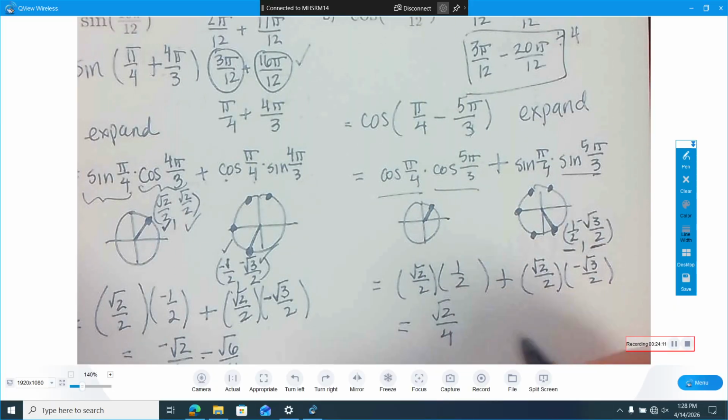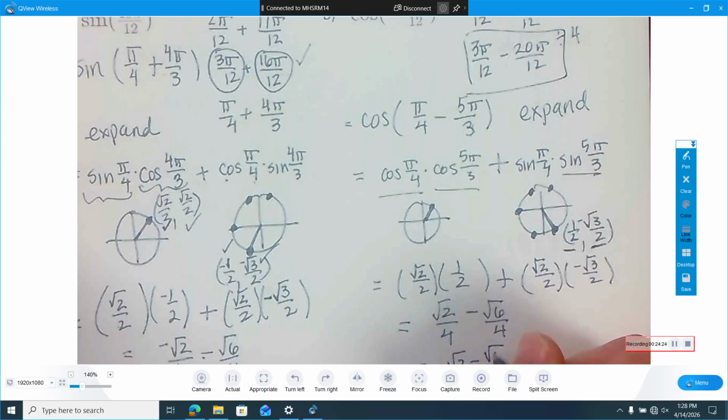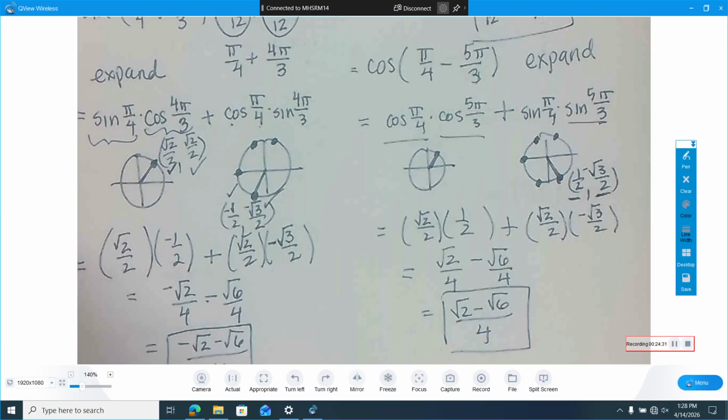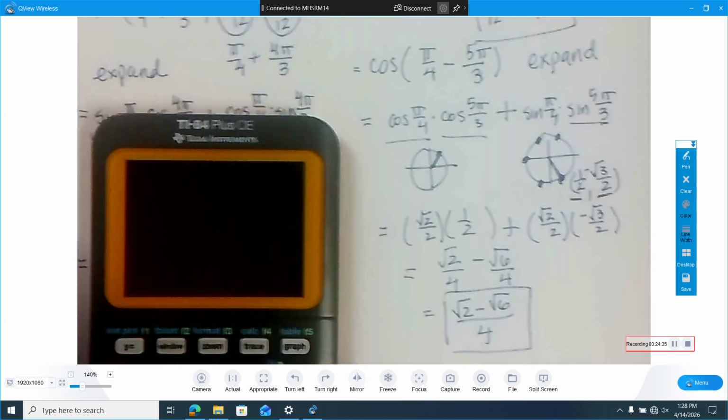Radical 2 over 4 for the first, and the second becomes negative radical 6 over 4. And look at that, they are almost the same. Interesting, huh? You suppose you can check your answers? Yeah, probably.